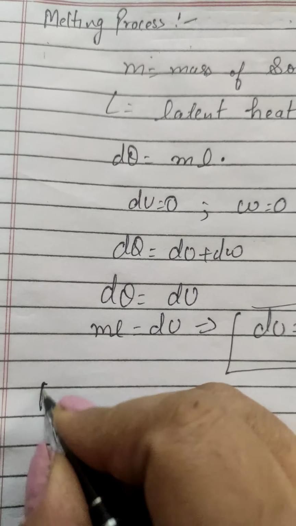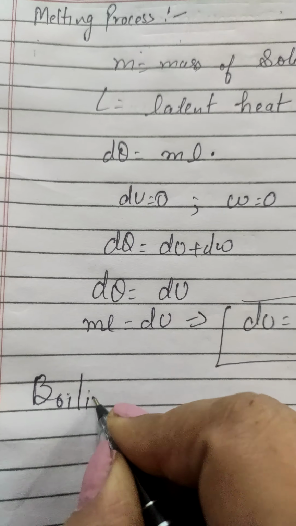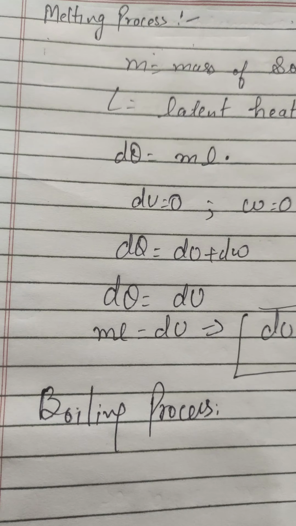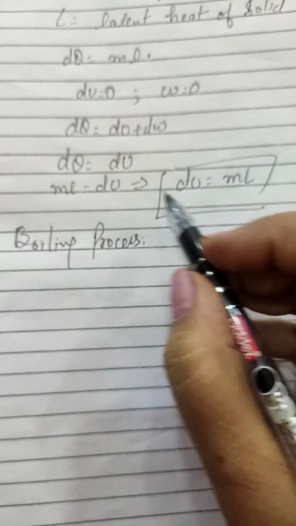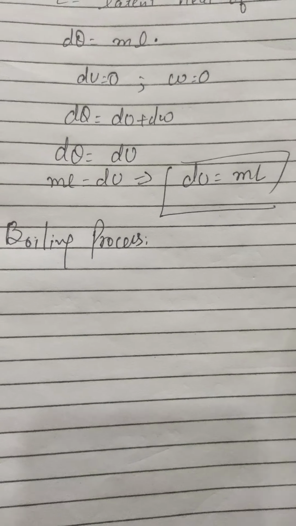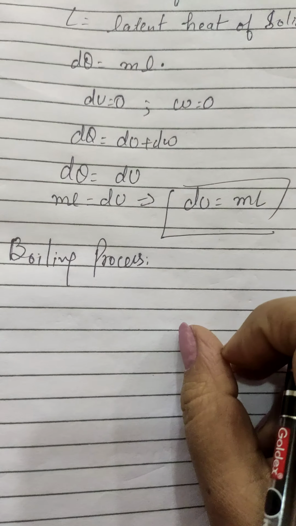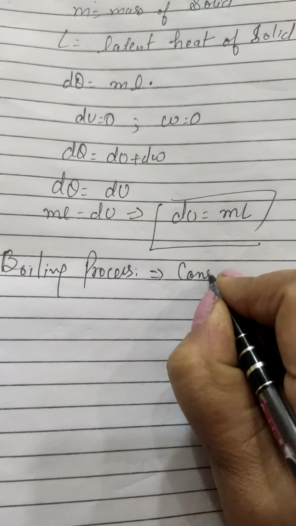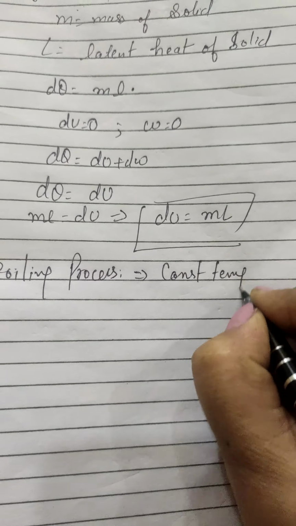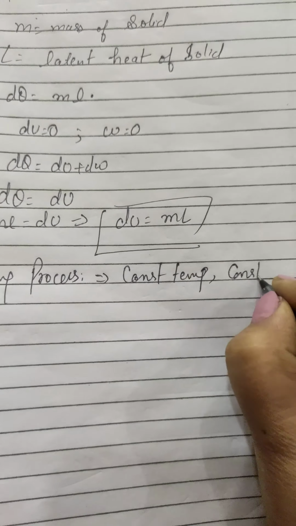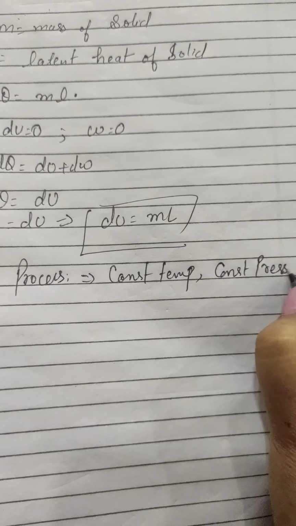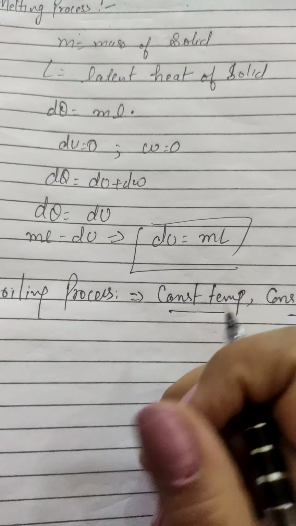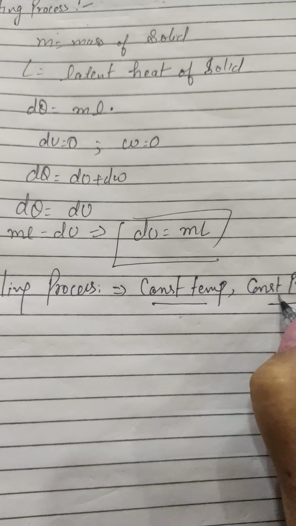Next one is the boiling process. In the case of the boiling process also, we can calculate the internal energy. In the boiling process, liquid changes into vapors at constant temperature and constant pressure.